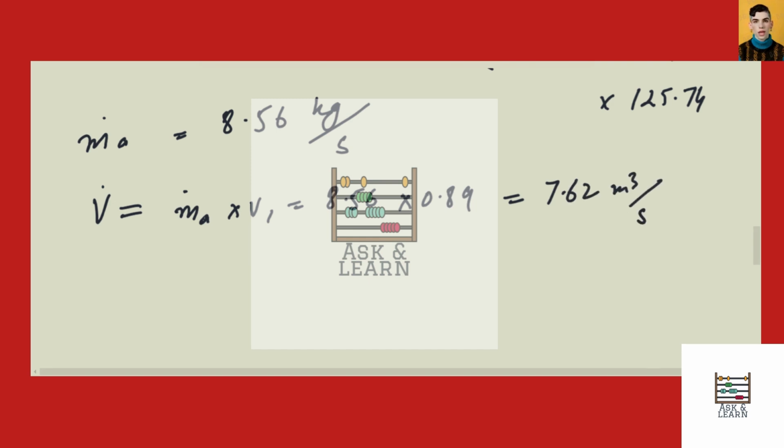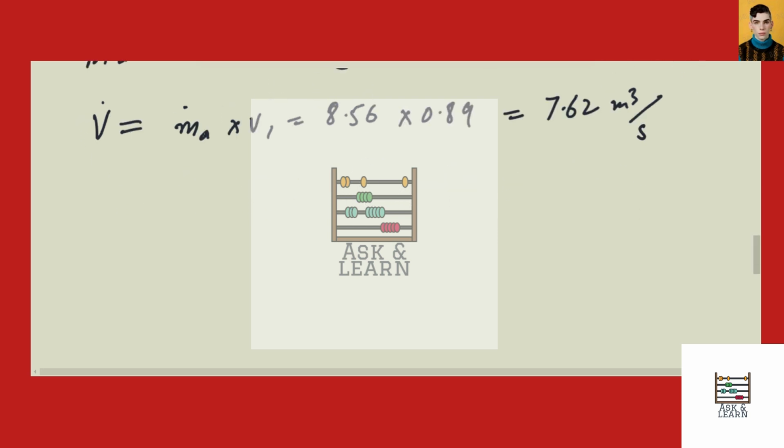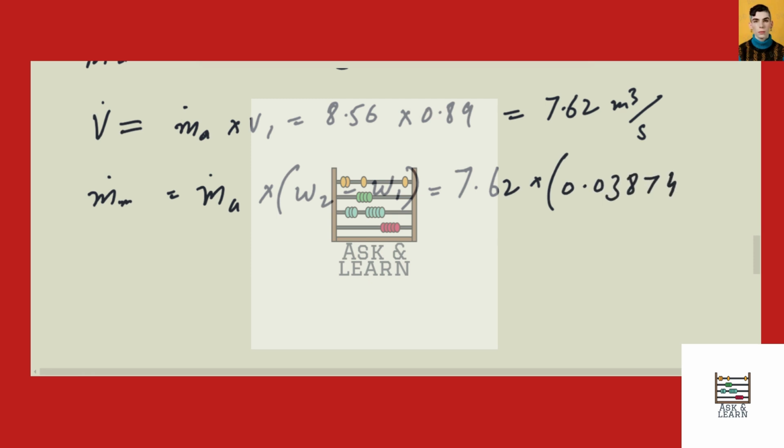And also we can calculate the mass flow rate of the makeup water, mm = Ma × (W2 − W1) = 7.62 × (0.03874 − 0.011).